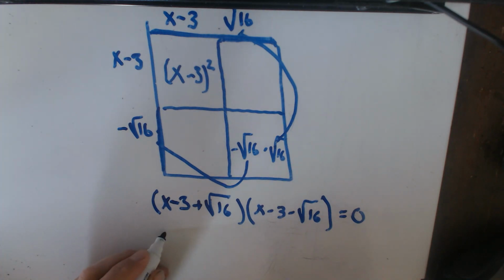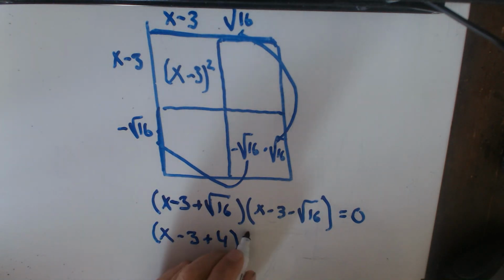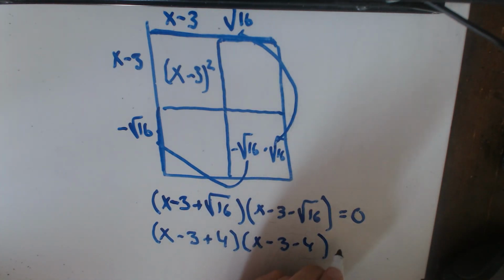When we take x minus 3 plus 4 times x minus 3 minus 4 equals 0.